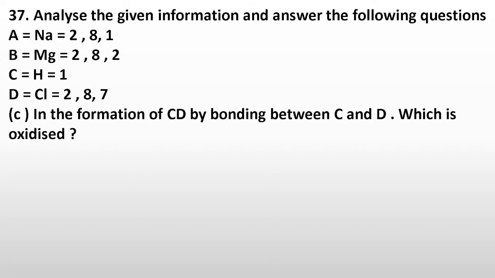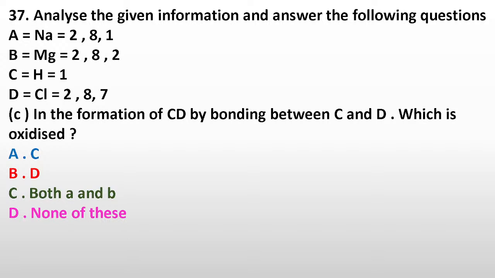And answer this question number C. In the formation of CD by bonding between C and D, which is oxidized? A. Is it C? B. Is it D? C. Is it both A and B? D. None of these. And the correct answer for this question will be none of these.